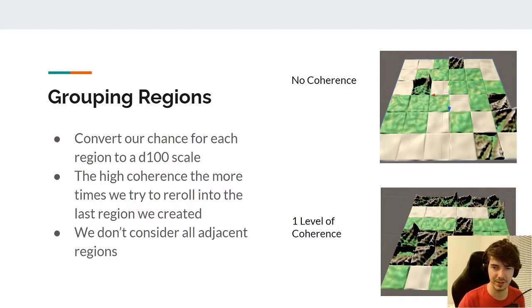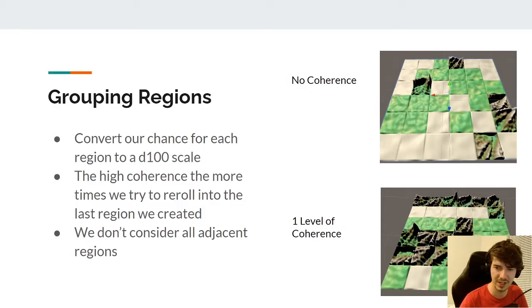Grouping regions. So we tried our hand at that. Basically, the system determines whether to spawn a different region by taking the chance variable on the region preset and converting the sum of all those chance variables to a 0 to 100% probability scale. What I tried to do is say if we had a higher coherence value, we give the system another chance.